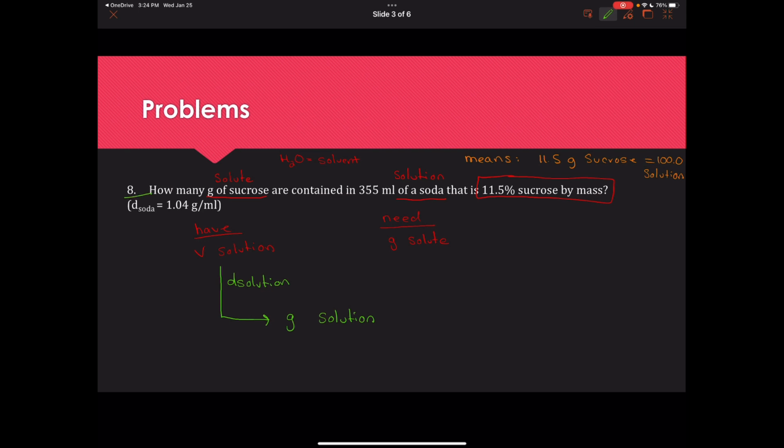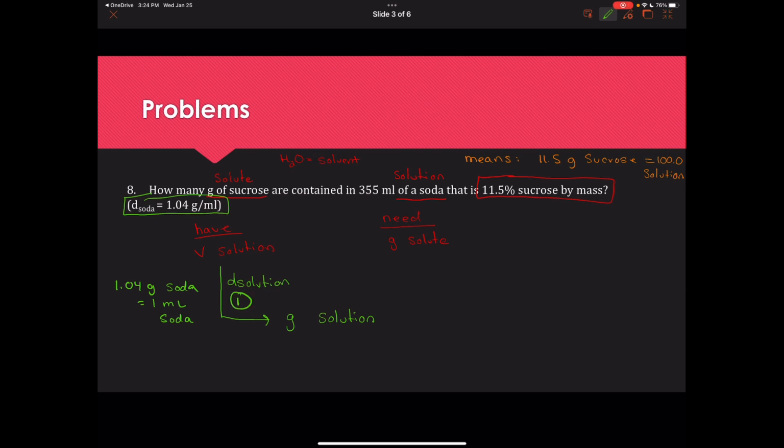And we're given that density right here. It's the 1.04 grams per milliliter. So that means we've got 1.04 grams of soda in every 1 milliliter of soda. So that's going to be the first step of our calculation.